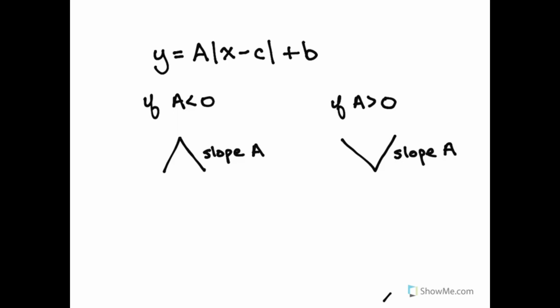The vertex of the graph is going to be at the point where x equals c, because c minus c gives me 0 inside, and y equals b. And that's true in both cases. The vertex is at c, b. So knowing what the constants do to an equation is so useful and makes graphing much, much easier and faster.